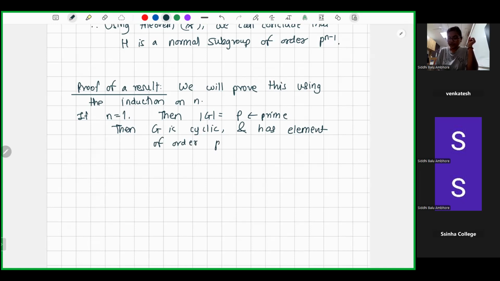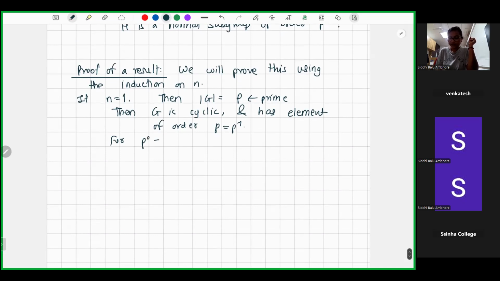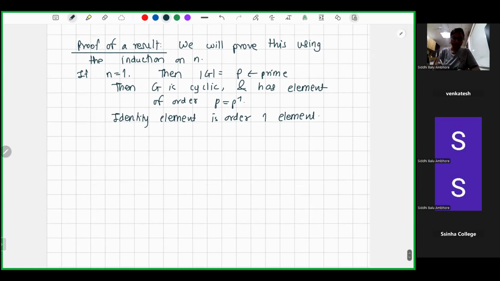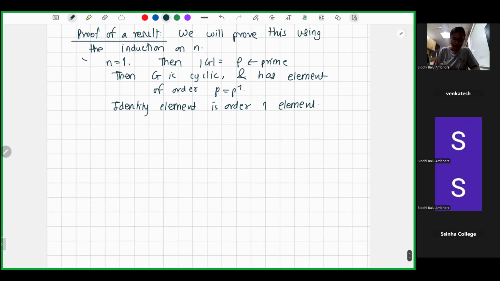For p power 0, I definitely have the identity element in G, which is an element of order 1 anyway. So the statement is true for n equal to 1.